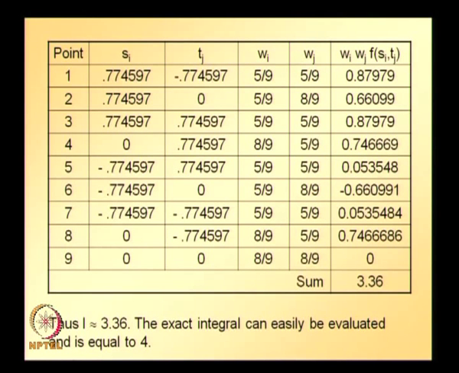Similarly, integral t power 6 dt is t power 7 divided by 7. So we can easily evaluate this integral value exactly and substitute the limits of integration, and if you do that, the exact integral can be easily verified to be equal to 4.